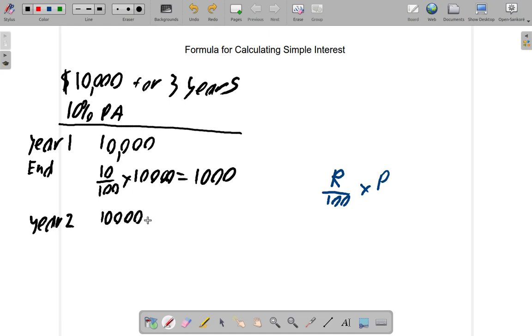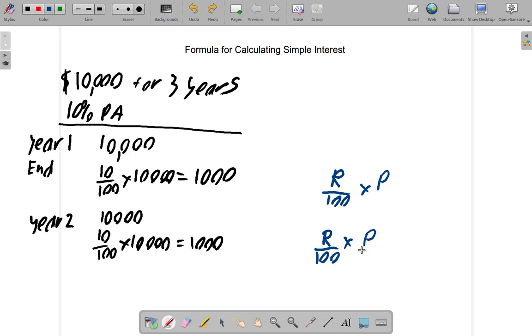$10,000. But here, at the end of year 2, you get 10% of $10,000, which is $1,000. Alright, so again what you have is the rate of 10%. Let's put it generally as R, the rate, over 100 multiplied by the principal, $10,000.